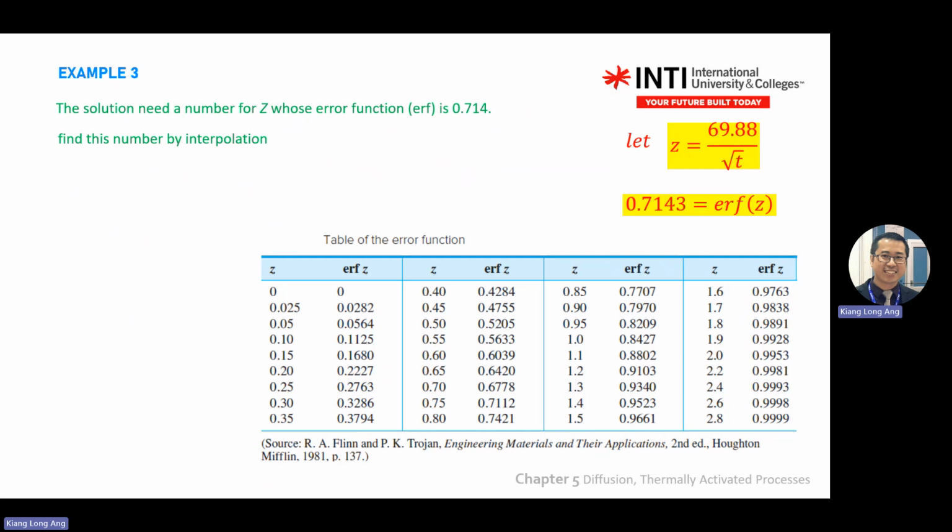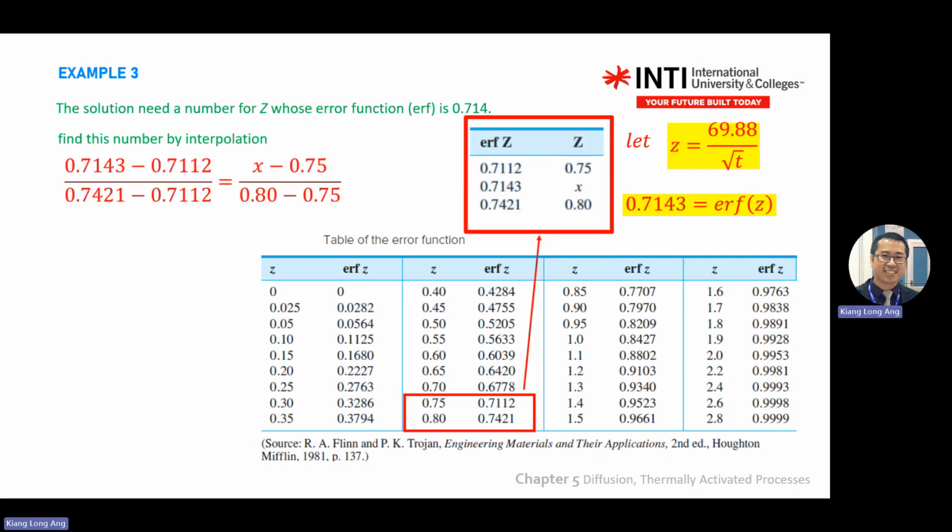The careless mistakes I usually see in a test or final exam is that students confuse between these two and read the wrong value. So you do interpolation and find your Z. Your exact value is 0.755. Substitute back here and find the time. The answer is 8,567 seconds. The question asks for minutes, so convert this into minutes.